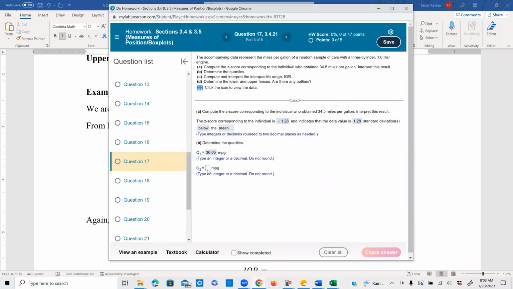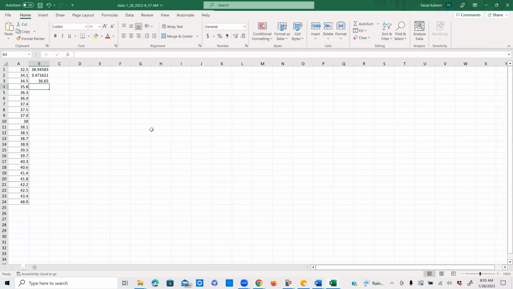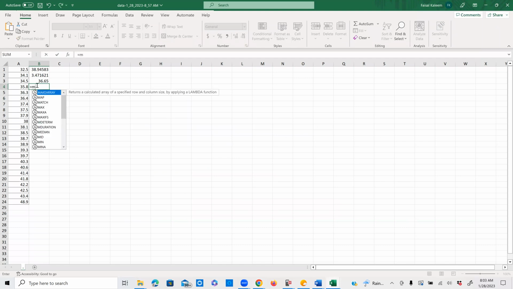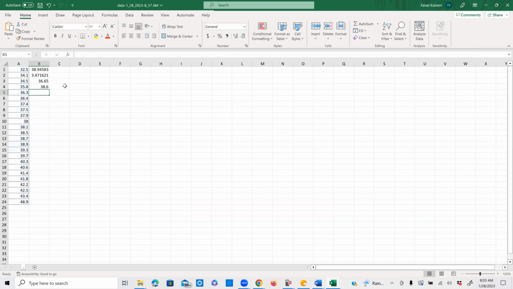And the second quartile is the median. So we just do equals median. Remember, every Excel command starts with an equal sign, equals median. We click on that, and then again, we select all of this, and we enter.